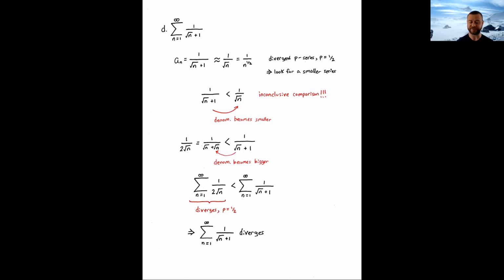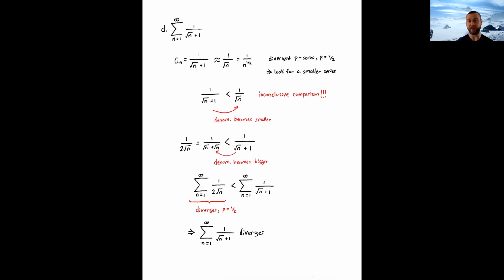Remember, you can pull constants out in front of integrals. Here, for some properties of an infinite series, you can pull constant factors in front of the infinite series summation sign. And what you're left with there for the smaller infinite series is the term 1 over square root of n, which you could rewrite as 1 divided by n to the 1/2 power.